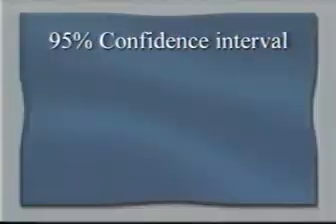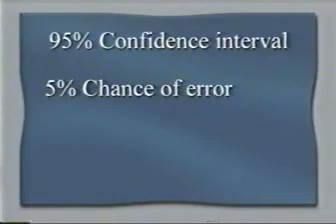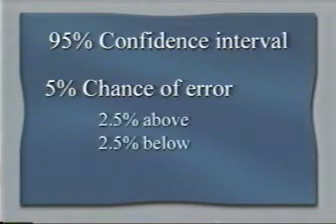So what we're going to do is use our knowledge of the normal distribution to get us that Z value. We know we have a 95% confidence, and therefore there's a 5% chance of error. That 5% is split in half, 2.5% above the interval and 2.5% below the interval.